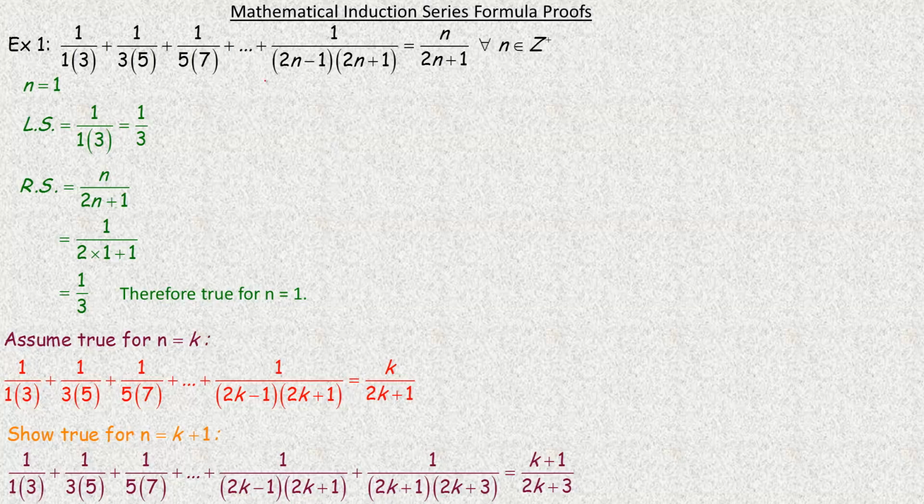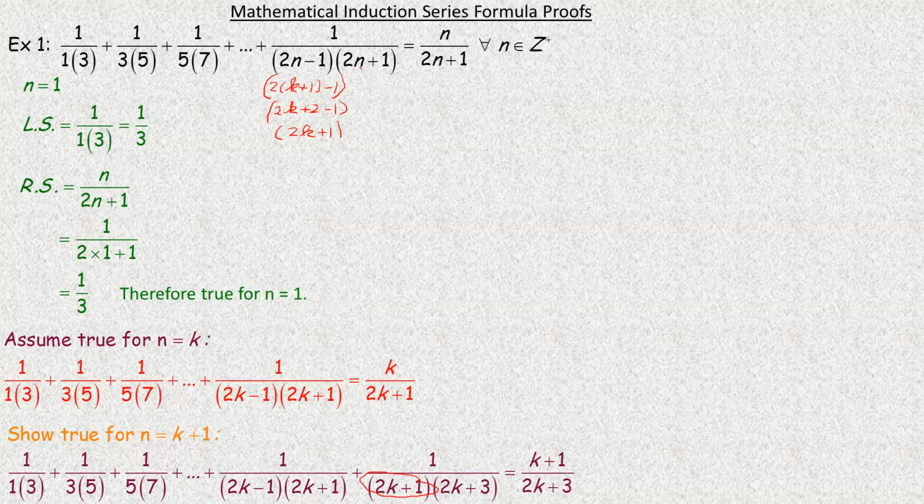See, if I put k plus 1 here, so this is k plus 1 minus 1. See, that's 2k plus 2 minus 1. So that first part of the term is 2k plus 1. So that's why that's a 2k plus 1.